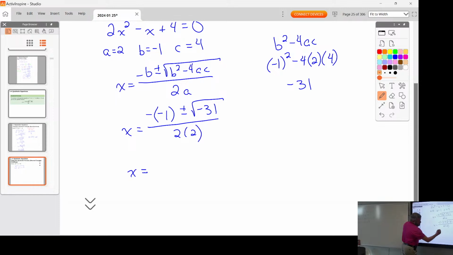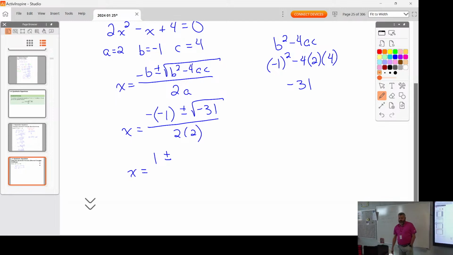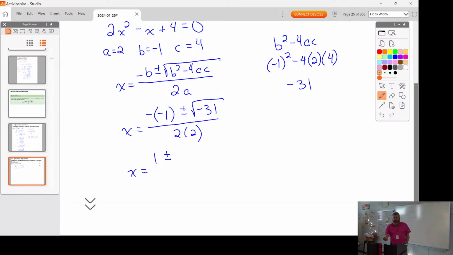Negative -1 is 1, plus or minus. Okay. Yeah, 31's a prime number, so there's no perfect squares that go into 31, but the square root of -1 is i. Okay.